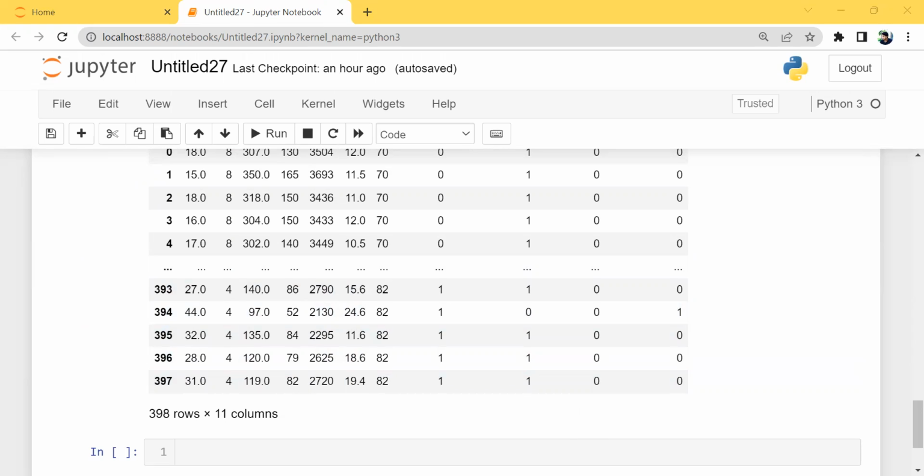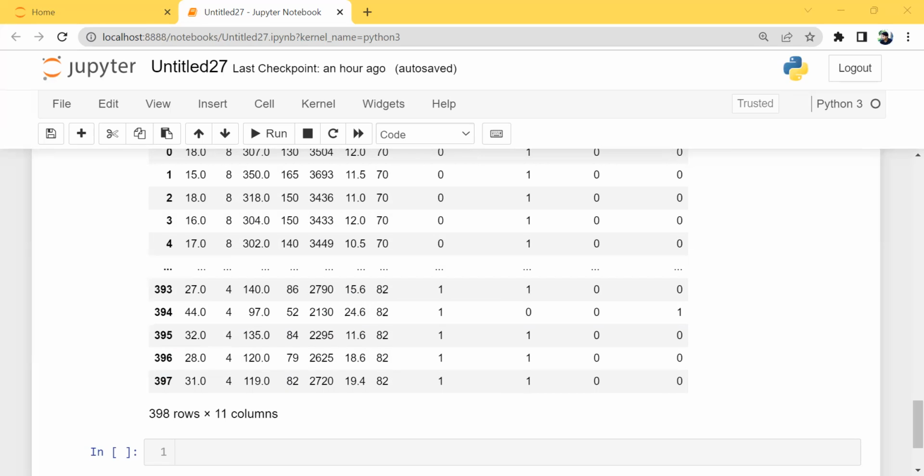So what is this entire process? This process is known as one hot encoding, or you can call it dummy encoding, right? Converting a categorical variable into dummy or indicator variables. As many columns will be created as there are distinct values.